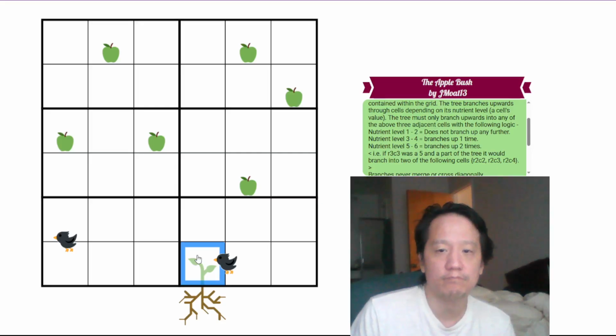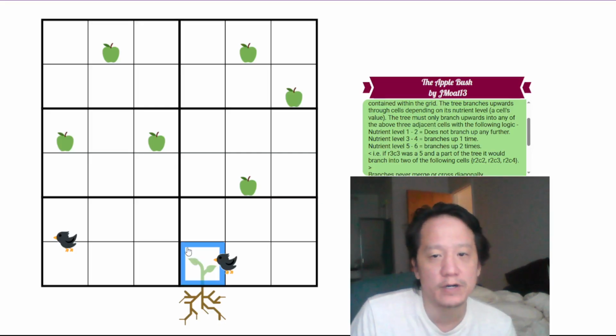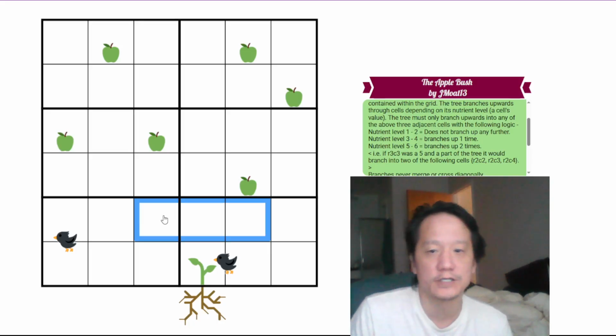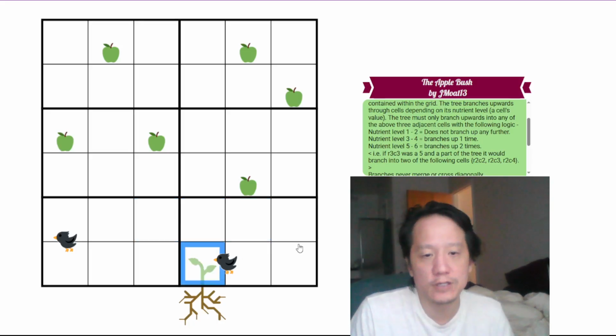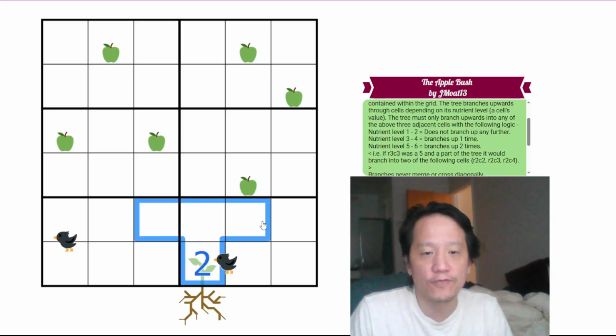And the tree must only branch upwards into any of the above 3 adjacent cells with the following logic. If it's at nutrient level 1 or 2, it does not branch up any further. If it's at nutrient level 3 or 4, it branches up one time to one of these 3 cells.